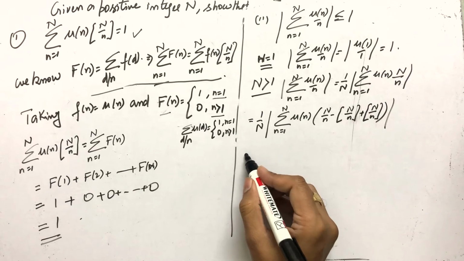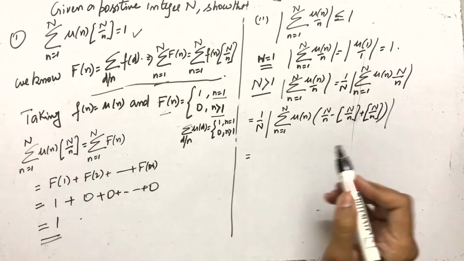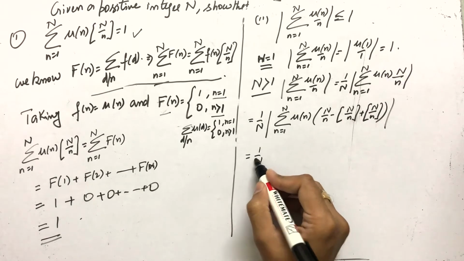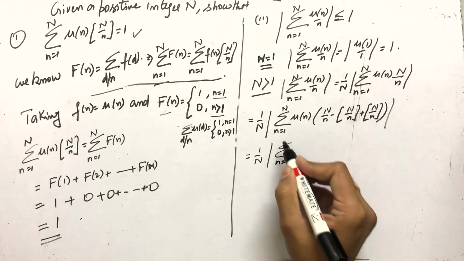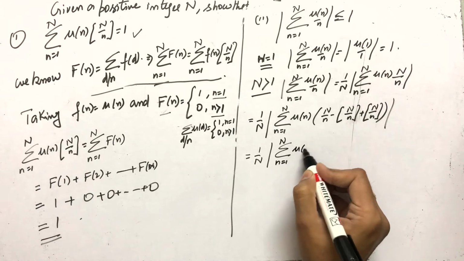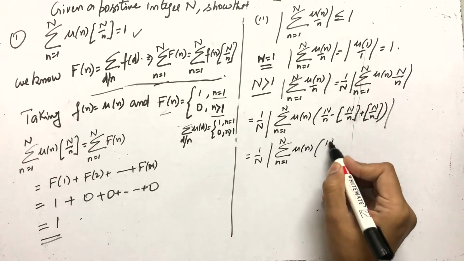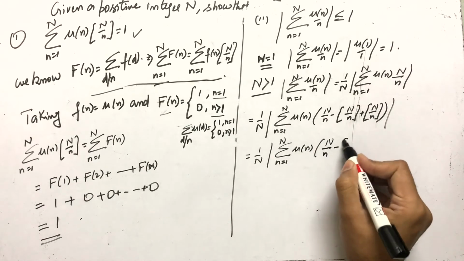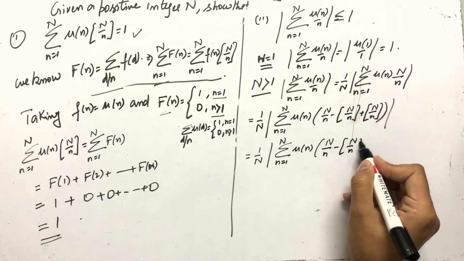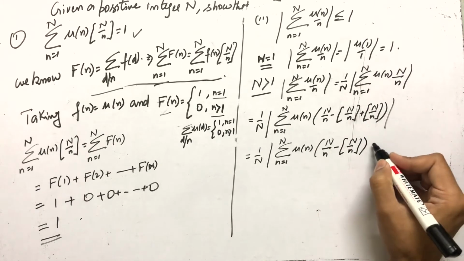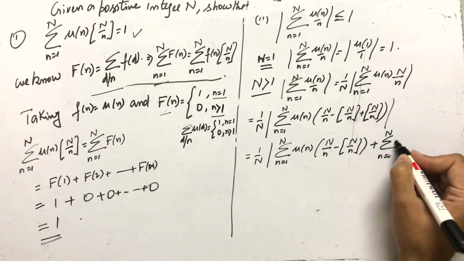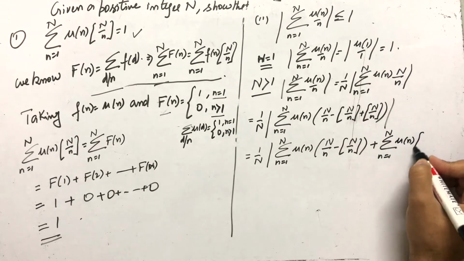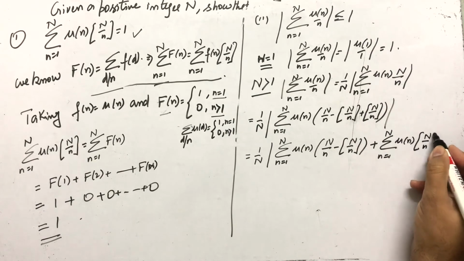Now very easily we can separate this into two parts: 1 by N mod of the summation n from 1 to capital N of mu(n) times N by n minus the greatest integer of N by n, plus the summation n from 1 to capital N of mu(n) times the greatest integer of N by n.